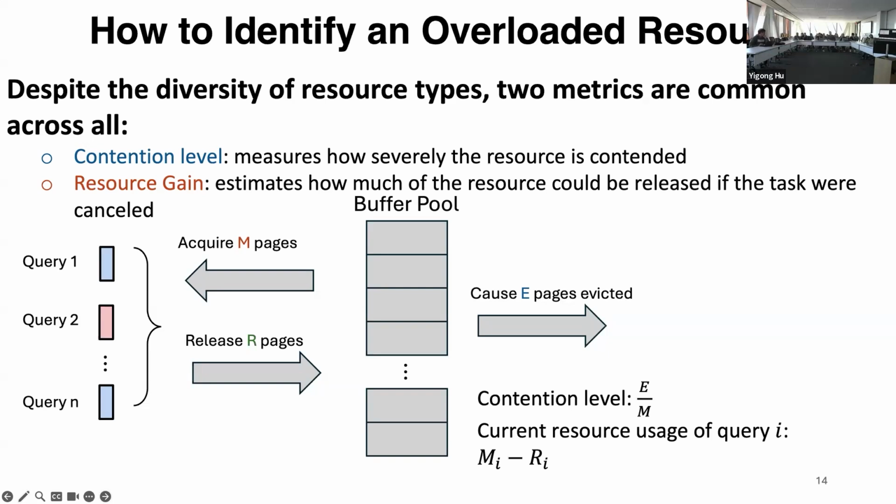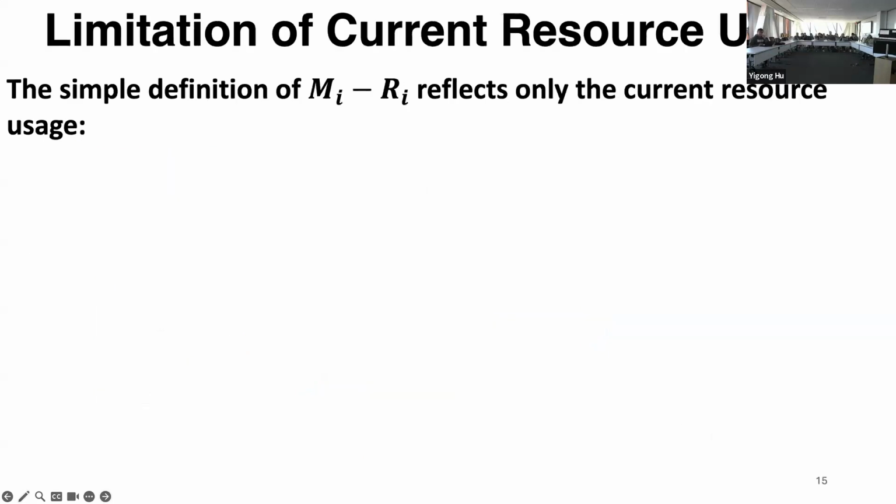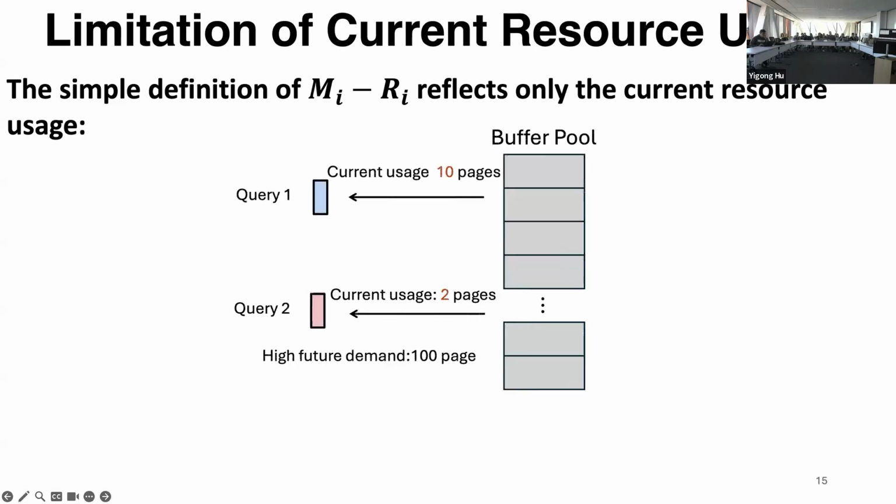Currently, if we use this resource usage, it only reflects the current usage. The request may have some future demand; it may require more resources later. For example, say query one has acquired 10 pages and query two has acquired just 2 pages. It seems that query one acquired more pages and we should drop this request.